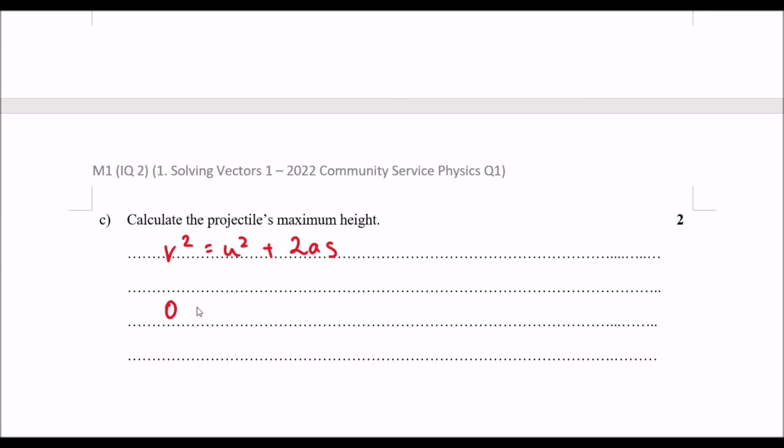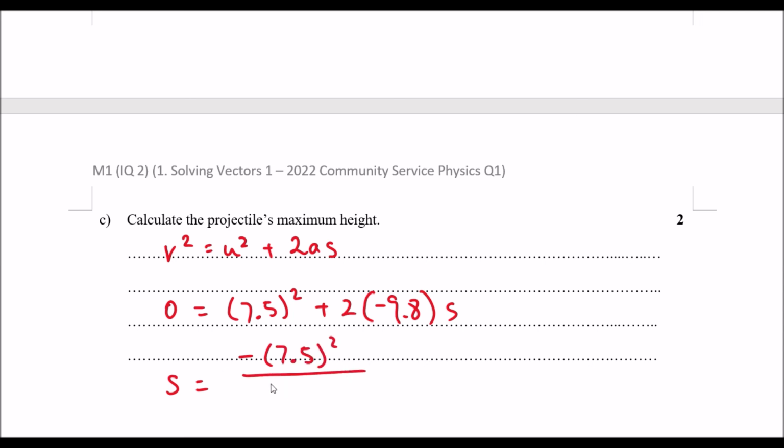So I know that this is 0. This was 7.5 squared. That's 2 times negative 9.8. That's S. So S is equal to negative 7.5 squared over 2 times negative 9.8.